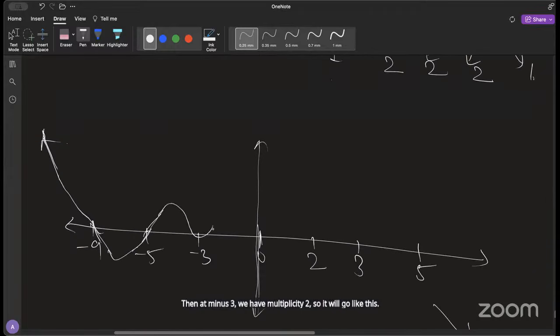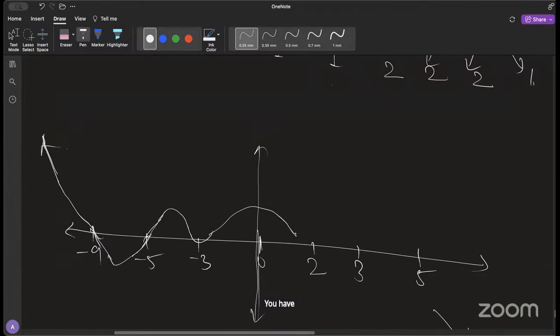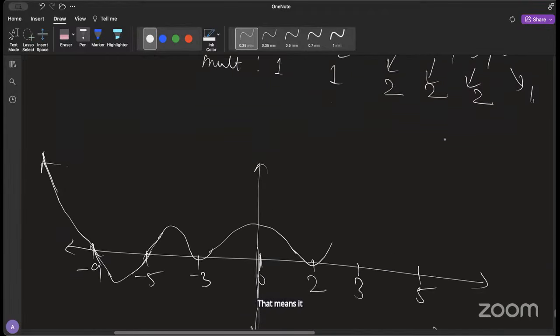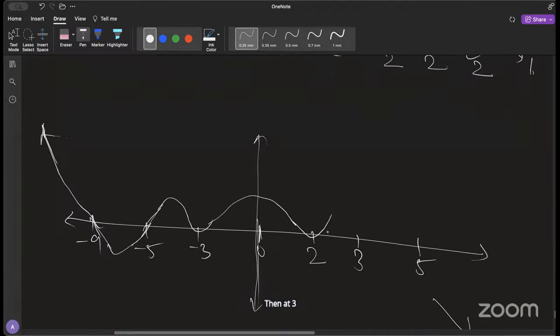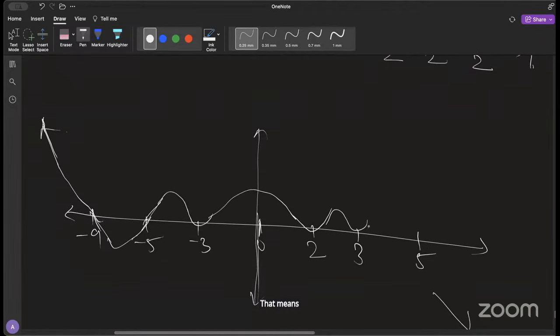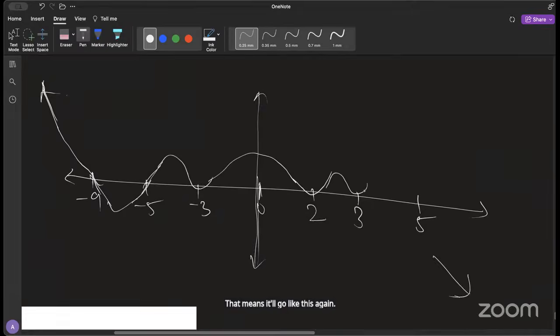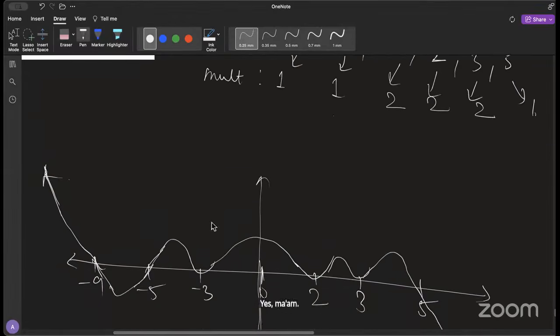Then at 2, you have multiplicity 2. That means it will go like this. Then at 3, you have multiplicity again 2. That means it will go like this again. And then at 5, you have multiplicity 1, so it will go like this. Is this okay? Yes, ma'am. So that's your graph.